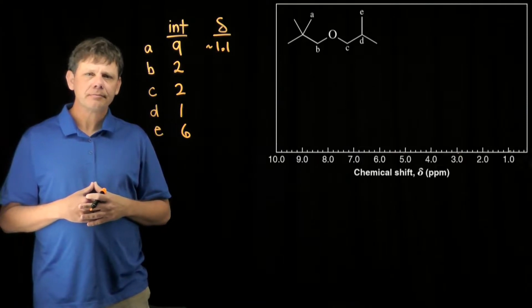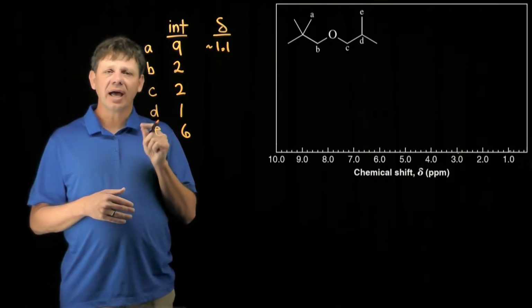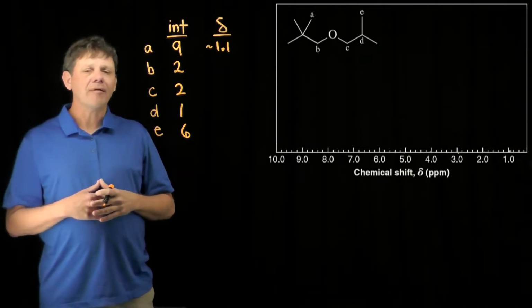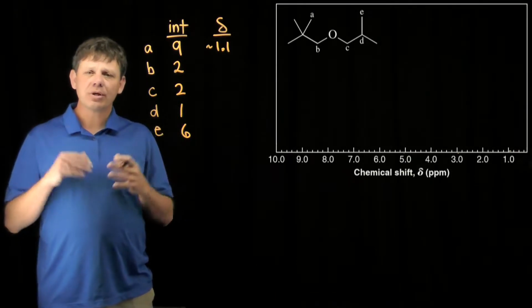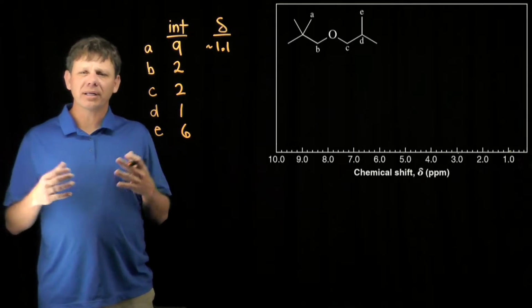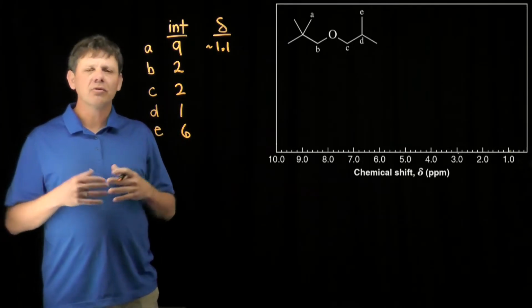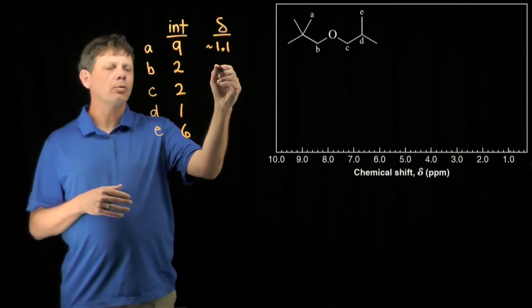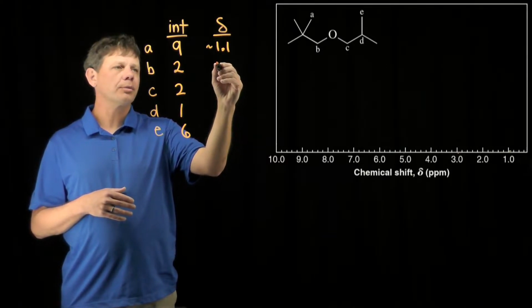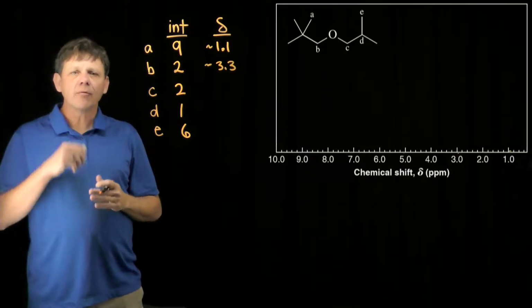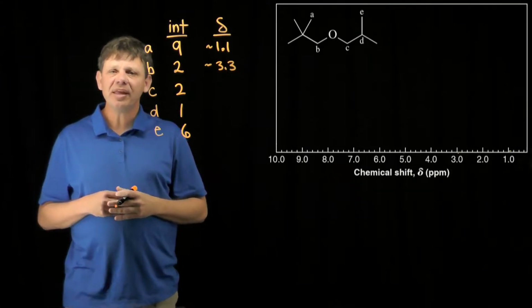B, on the other hand, is a hydrogen on a carbon directly attached to an electronegative atom. For that, we expect it to show up between 3 and 4. If we're going to sketch the spectrum, we want to give a single number. So we'll say that this is going to be around 3.3 parts per million. If we jump over to C, the description of C would be the same.